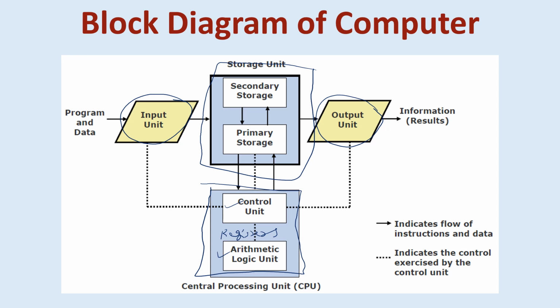Means through the solid lines in this diagram, the flow of data and instructions is indicated, and using the dashed lines, how the control is provided by the control unit to the various components of a computer system is indicated. So now we will be discussing every component of a computer system in detail.